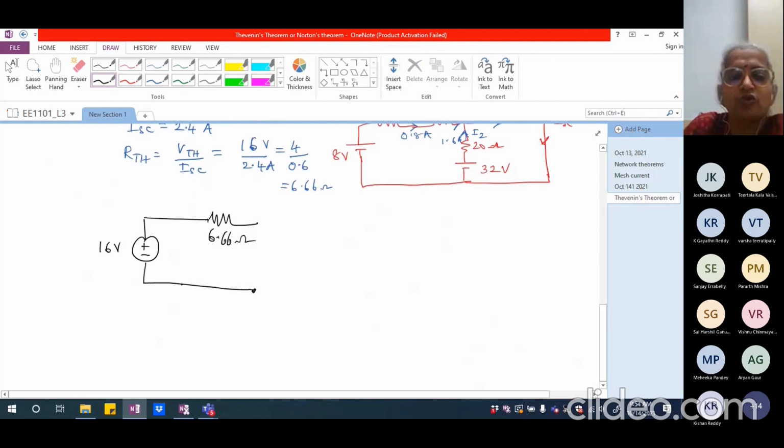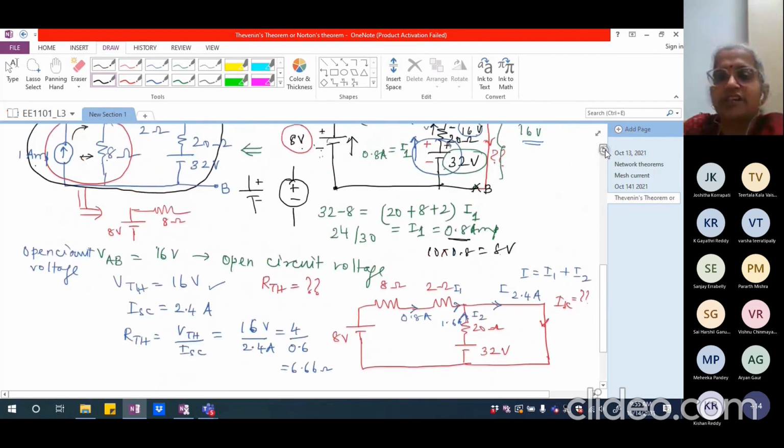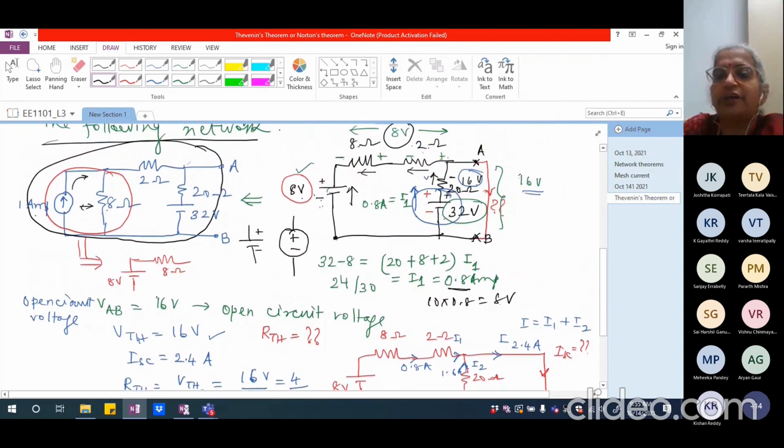This is especially useful if, let us say, I have two terminals in my circuit where I'm going to connect different types of loads. Maybe I will connect a 60 watt bulb. Maybe I want to connect some kind of computer or some other load, and I want to analyze the circuit for different types of resistances, different types of loads connected across these two terminals, and I want to see how the circuit is performing.